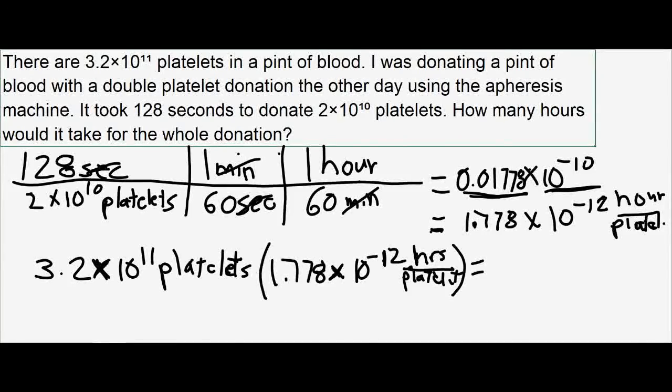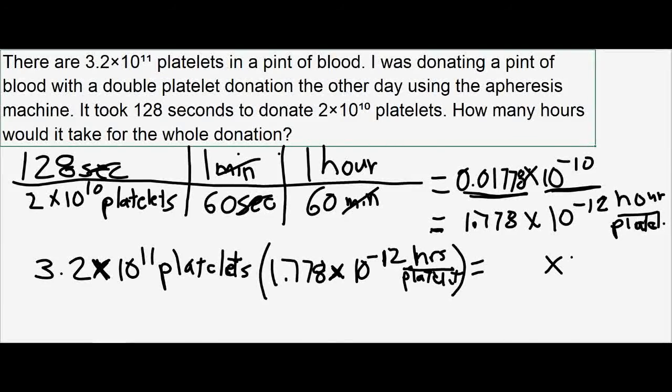And if I look at that, I'm going to have 10 to the 11th times 10 to the negative 12th. I can actually add those exponents, although one is a negative. And I'll soon have a video on negatives, but if I have 11 plus negative 12, that's the same as 11 minus 12.